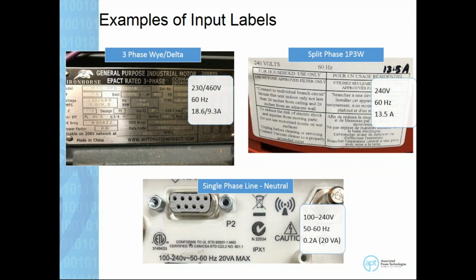Now, there's also VA max listed. The reason the 20 VA is listed is to source the proper supply line to make sure that this unit powers up. Now, 20 VA is not a lot of power, and you can see the calculation on the right here that this only draws 0.2 amps of current. So this is almost at the level of a cell phone charger when it comes to the power draw.